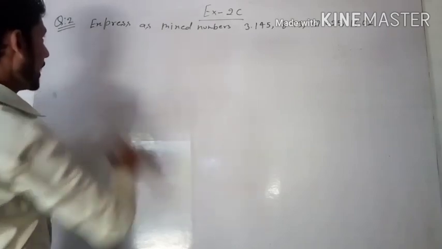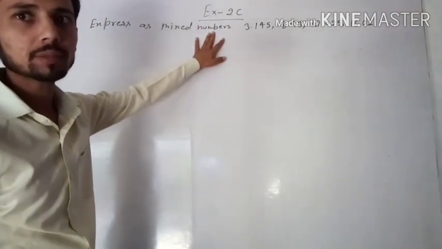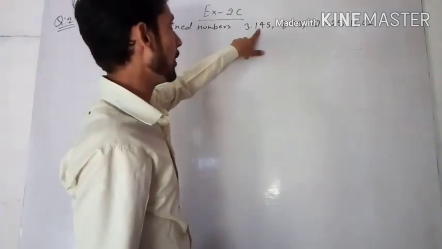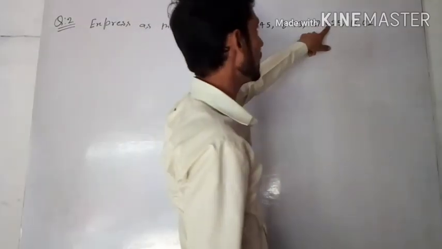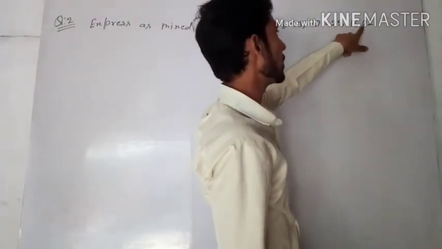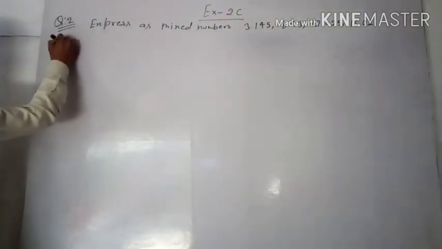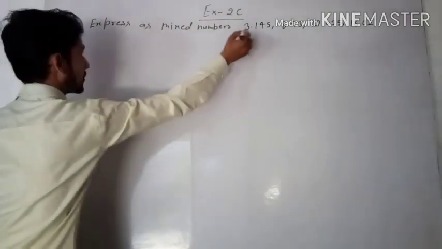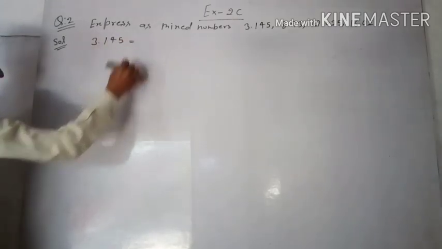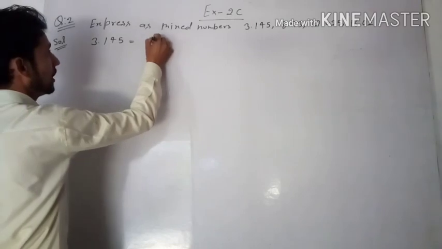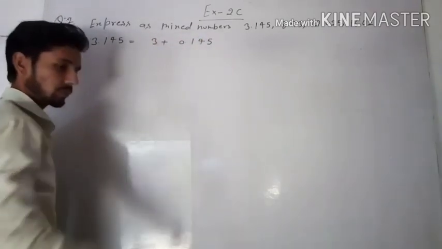Question number 2. Express as mixed numbers. These are mixed fractions, not numbers. 3.145, 8.93, 12.025, and 16.02. So first, 3.145 is written as 3 plus 0.145.